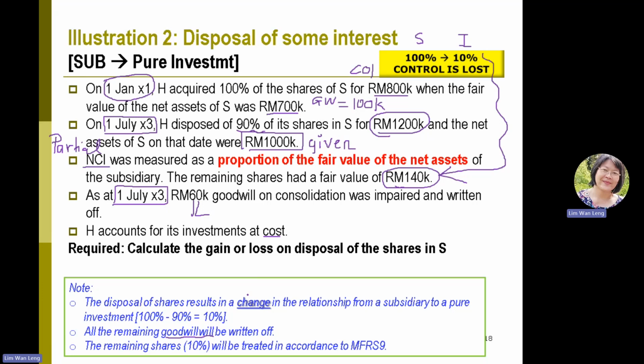If you lose control, all the remaining goodwill must be written off already. So control is very important for you to determine whether it is still there or not. And then the 10%, because it is only so little, not able to exercise significant influence, that is your pure investment. So you have to account for it in line with MFRS 9.